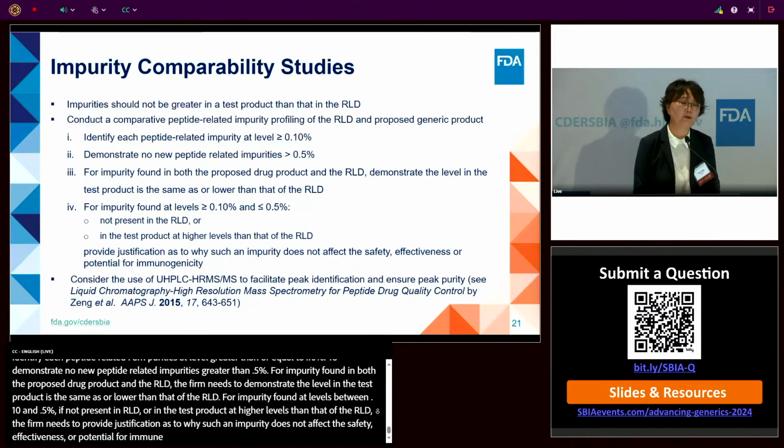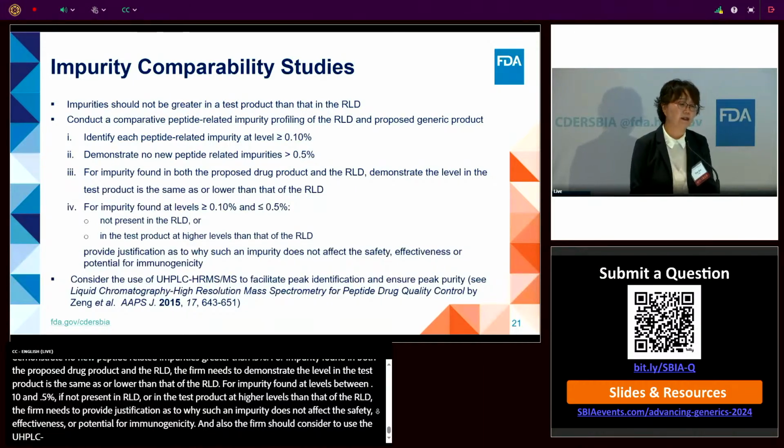And also the firm should consider using the UHPLC high-resolution MS to facilitate peak identification and ensure peak purity.